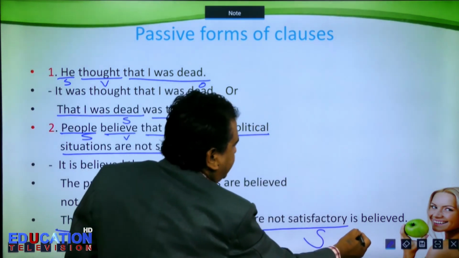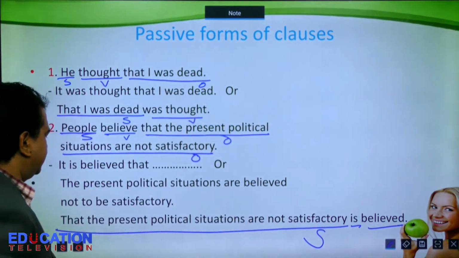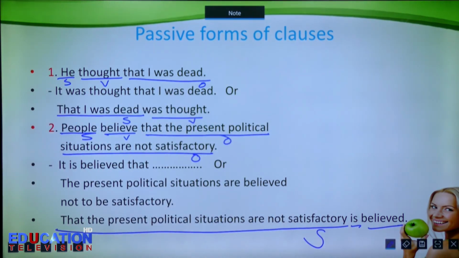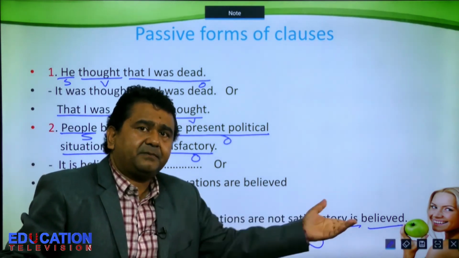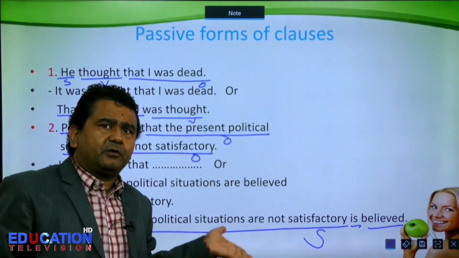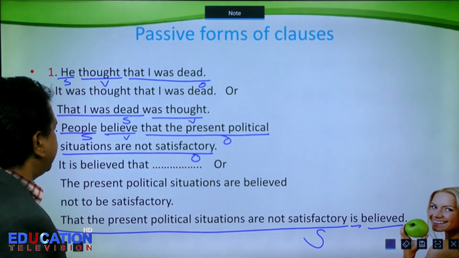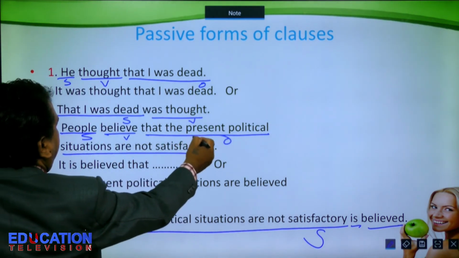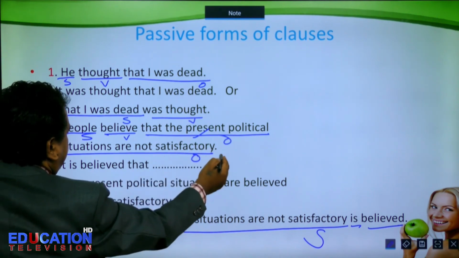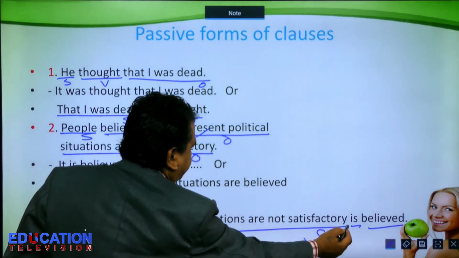subject, is believed, B plus V3. So this sentence can be converted into passive in three ways. One is, let us see, that the present political situations are not satisfactory, make it the subject.